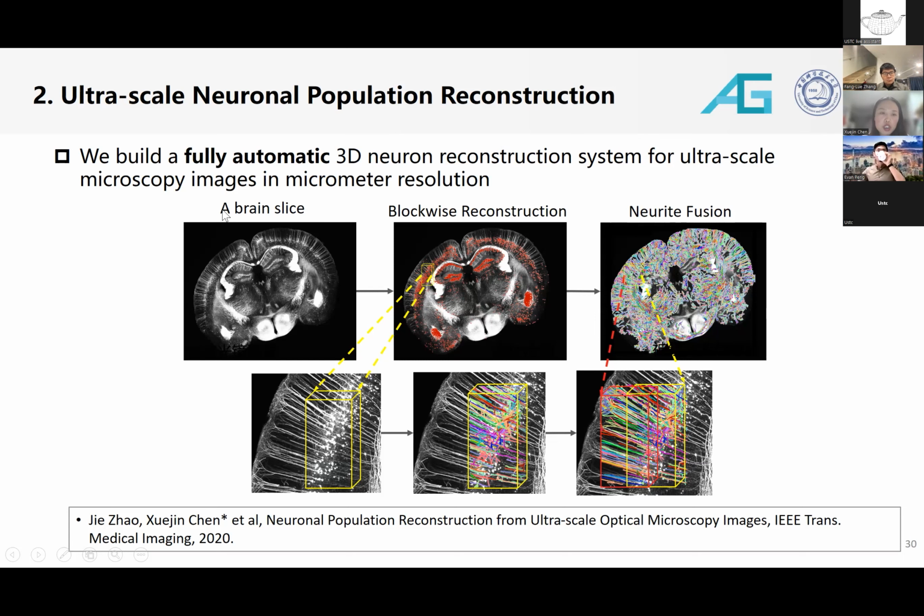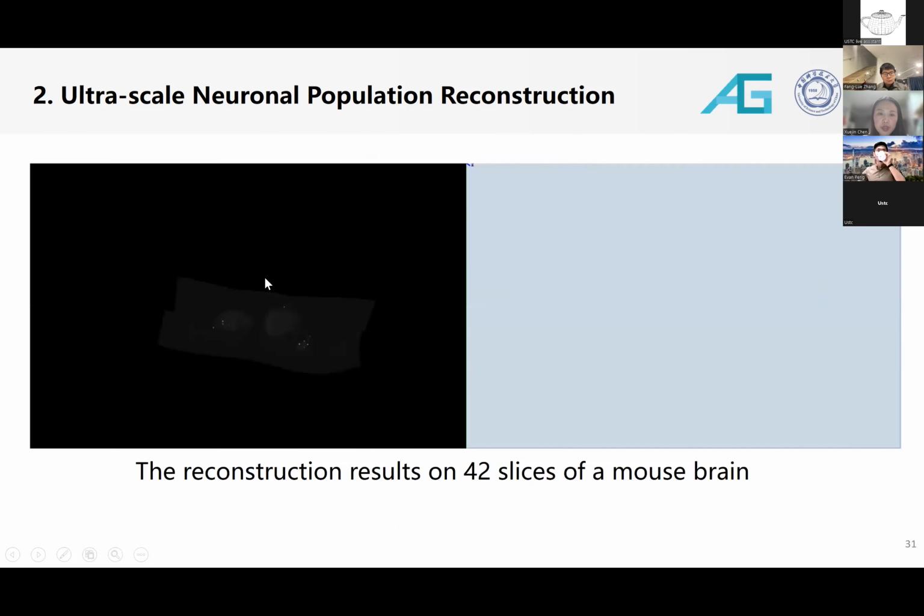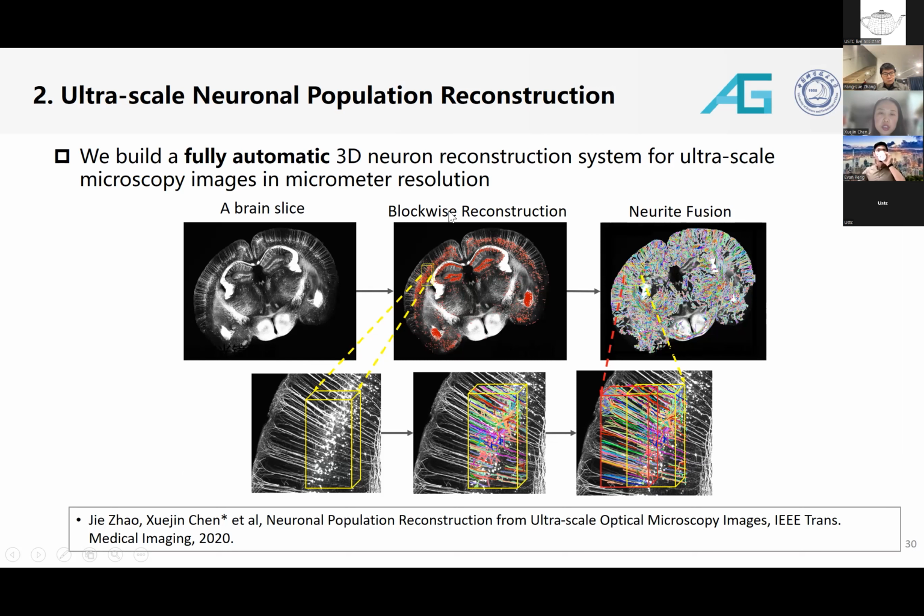For each brain slice, we first do 3D neural reconstruction in each block, and we design a propagation strategy to start from the cell bodies and then trace the neurons to adjacent blocks.